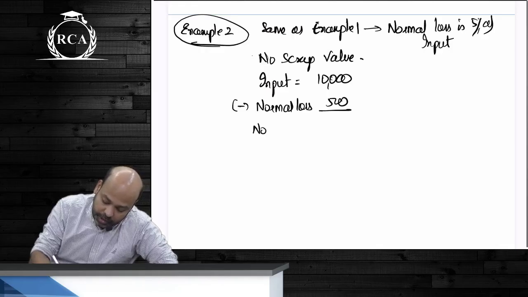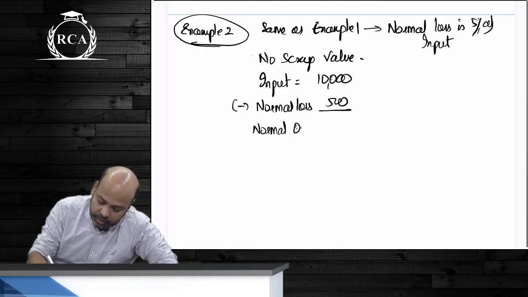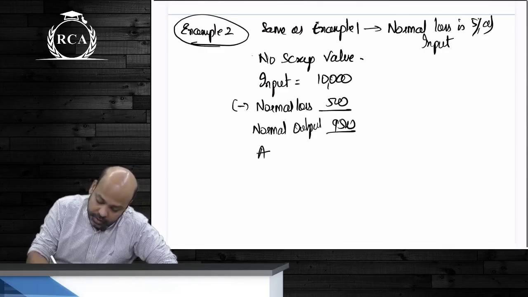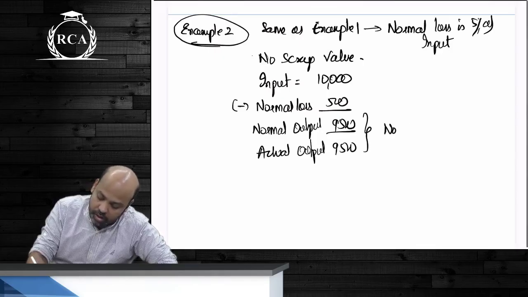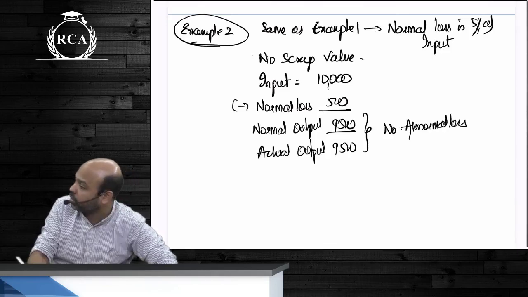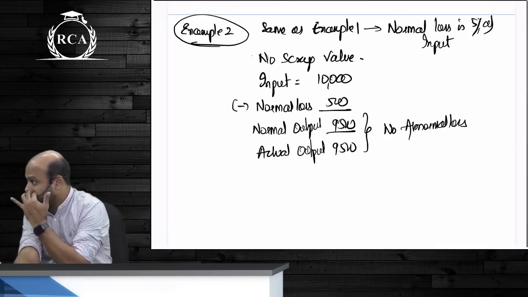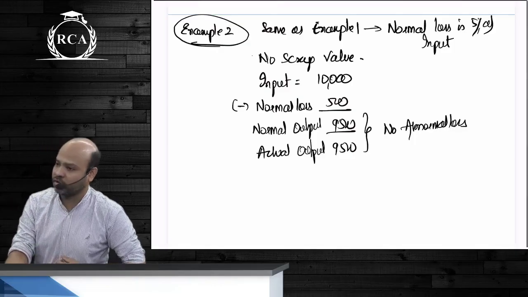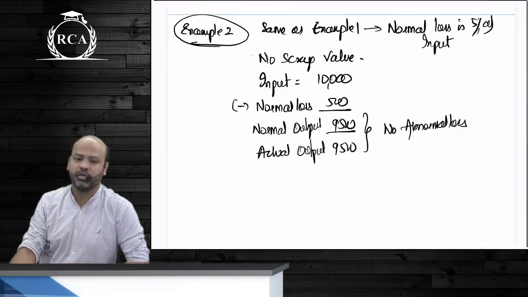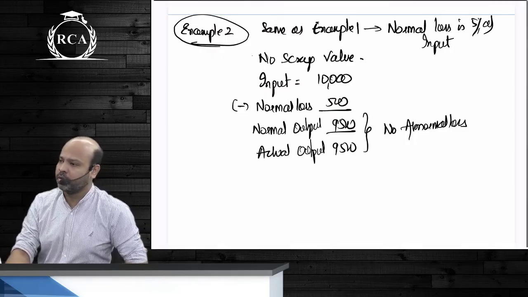So my normal output is supposed to be 9,500. Actual output is also 9,500 units, guys. So we will not have any abnormal loss. Your normal output is 9,500, guys. Actual output is also 9,500. So there's no amount of abnormal loss here.